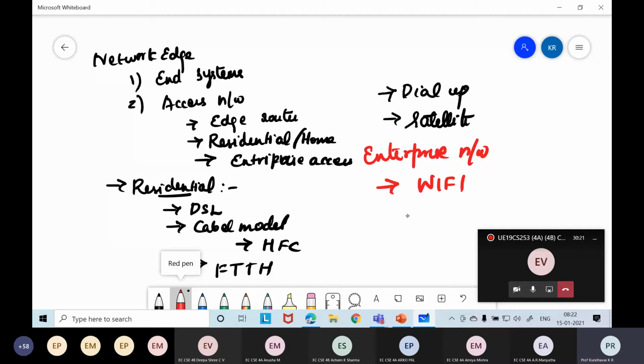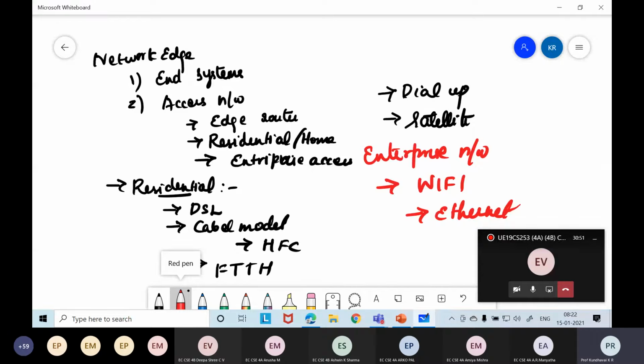When it comes to wireless, it's Wi-Fi, and when it comes to wired, it's Ethernet LAN. So these two we saw in enterprise access. Now Wi-Fi is used in home access too. We also saw a picture where Wi-Fi is used in home access nowadays. All right, this is altogether a gist about network edge.